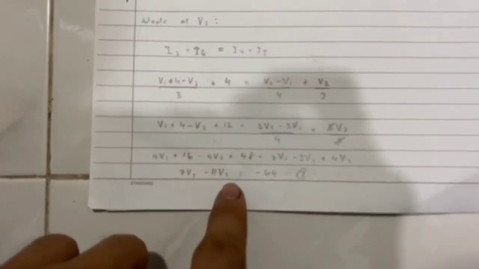From this, we can do the same steps as for the node V1. We get 7 V1 minus 11 V2 equals negative 64. Okay, from this we already have the two equations, the equation from the node V1 and the equation from the node V2.